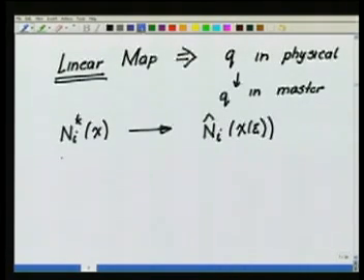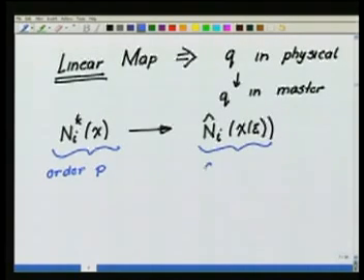So this is order p, this is of order p also.